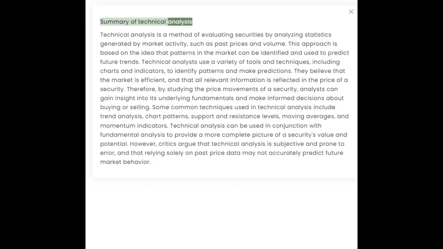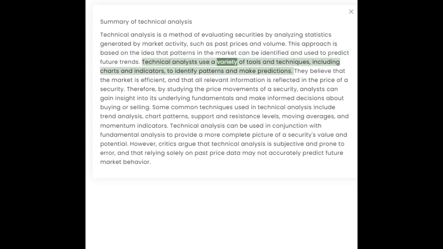Summary of technical analysis. Technical analysis is a method of evaluating securities by analyzing statistics generated by market activity, such as past prices and volume. This approach is based on the idea that patterns in the market can be identified and used to predict future trends.